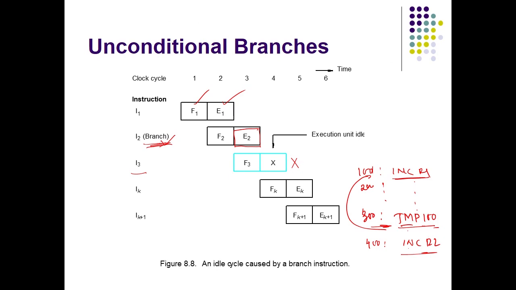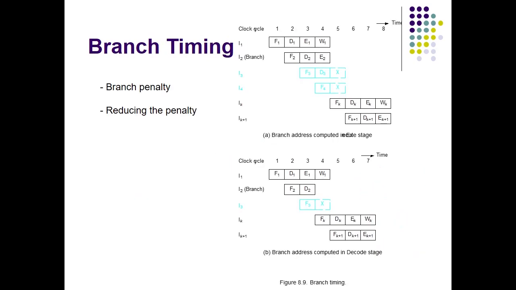Then the instruction where it will jump to will be fetched and then executed. So, this is the problem I am talking about. Now, we will come to the solution. The same thing can be seen if you have 4 phases. Let us say this is the first instruction. The first instruction will go through fetch, decode, execute and write back, and the second instruction is a conditional branch instruction.